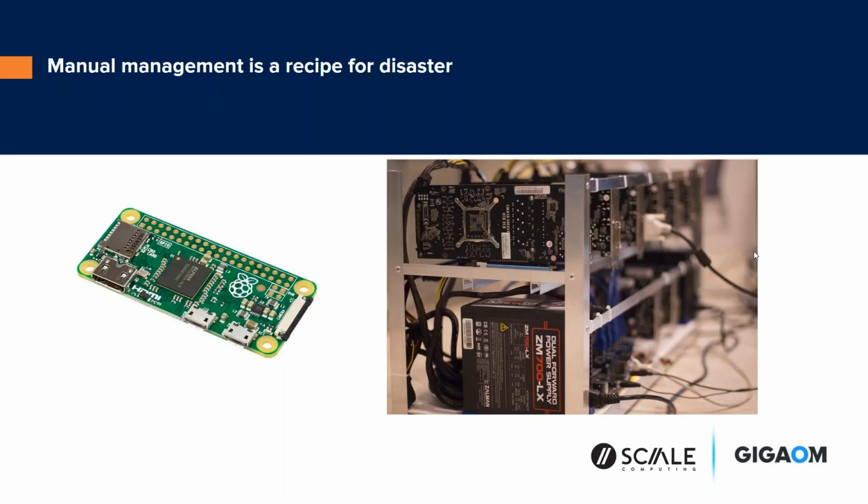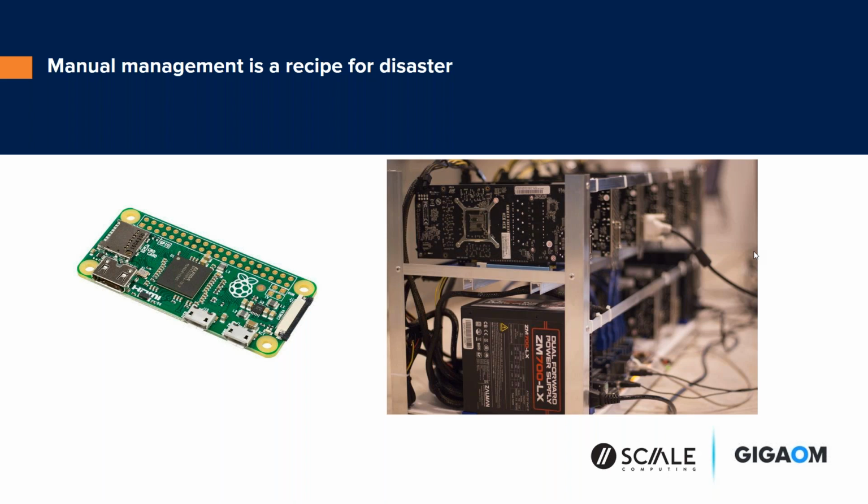Our final one is that manual management is really just a recipe for disaster. What do I mean by that? You might start off, and I know some people were just dipping their toe in the water of an edge computing solution, and maybe they've got a Raspberry Pi sitting on their desk that's running a development version of an application, and that's completely feasible and usable from a testing standpoint.